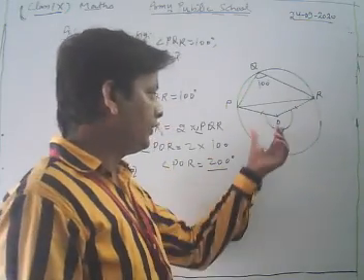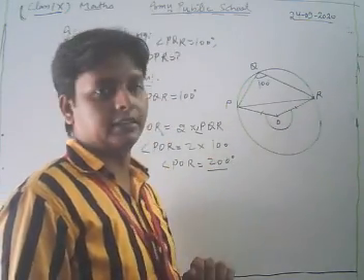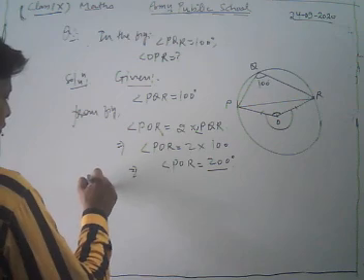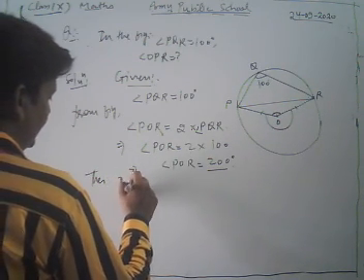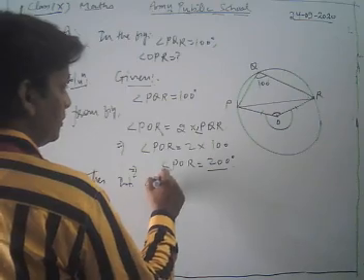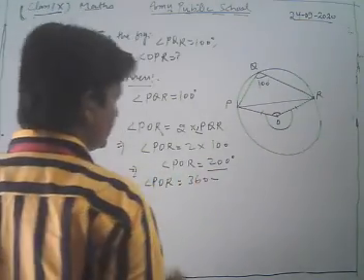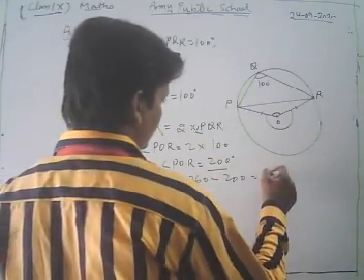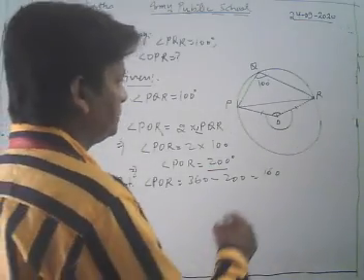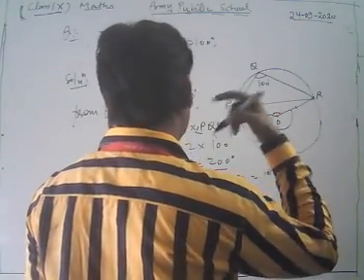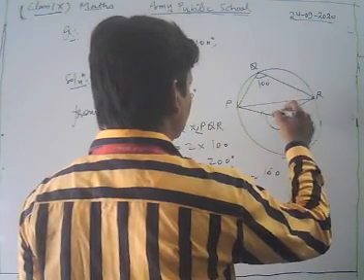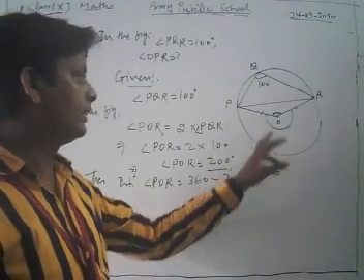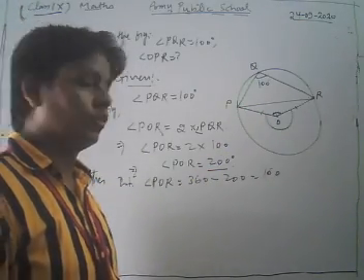Now, if this is the exterior angle of triangle OPR, then the interior angle POR is 360 minus 200. 360 minus 200 means 160. So angle POR is equal to 160.